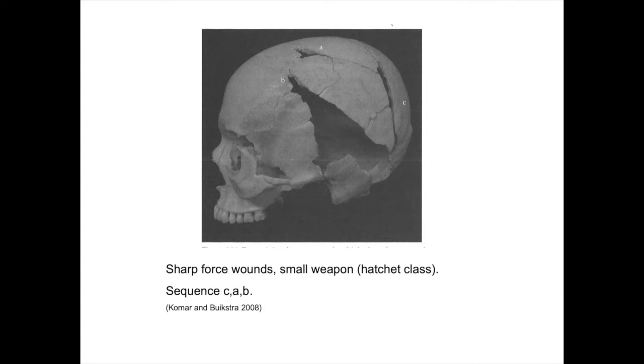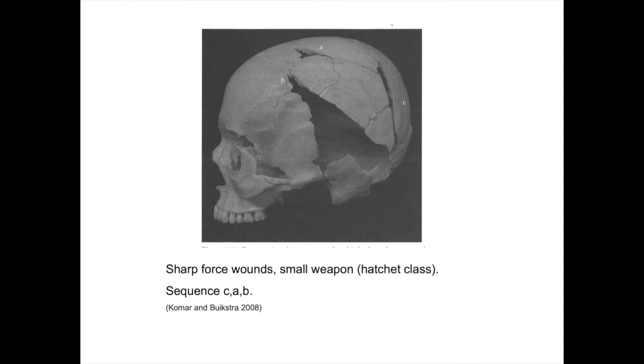There are injuries associated with slashing movements or motions. There are incised kinds of injuries. And then there are the typical kinds of chopping injuries. And the hatchet class that we're looking at in this image falls into this chopping category within sharp force trauma types.